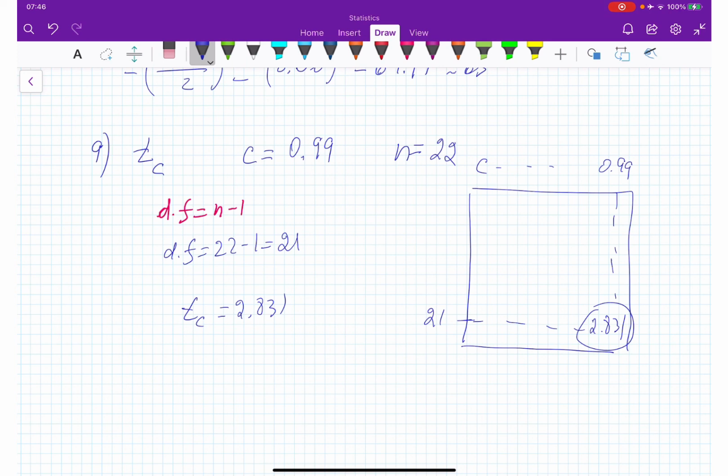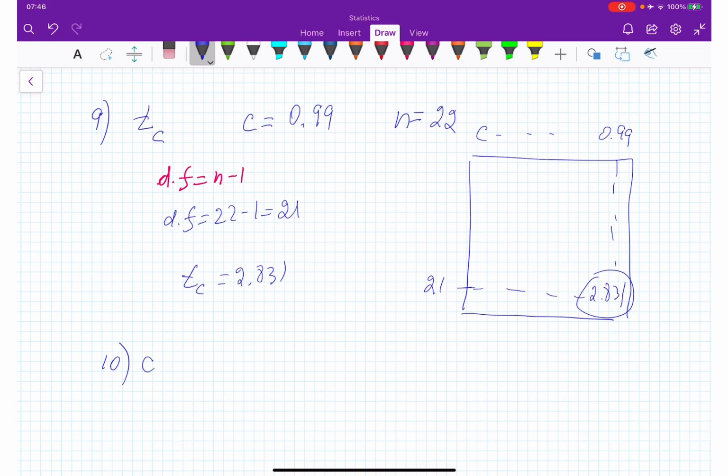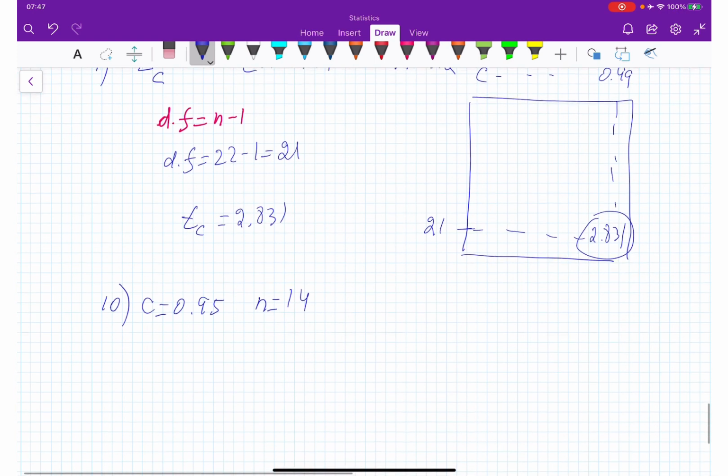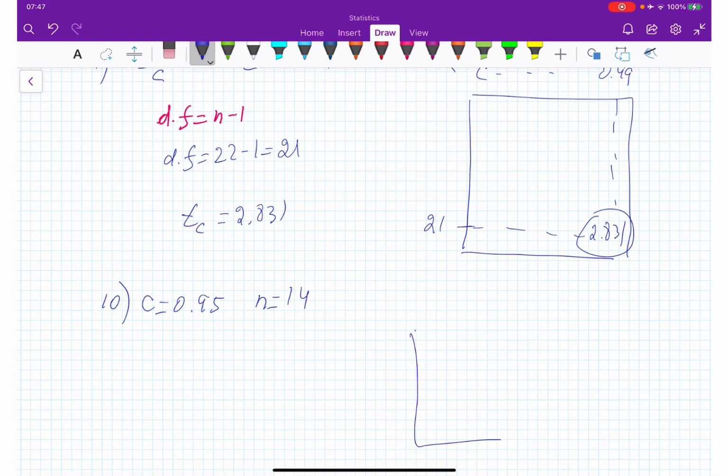Next one, question number 10. What do we have here? We have confidence level 0.95, and sample size is equal 14. So 0.95, I already have it. I can look it up here, but I need degree of freedom, which is going to be 14 minus 1, which is equal 13.